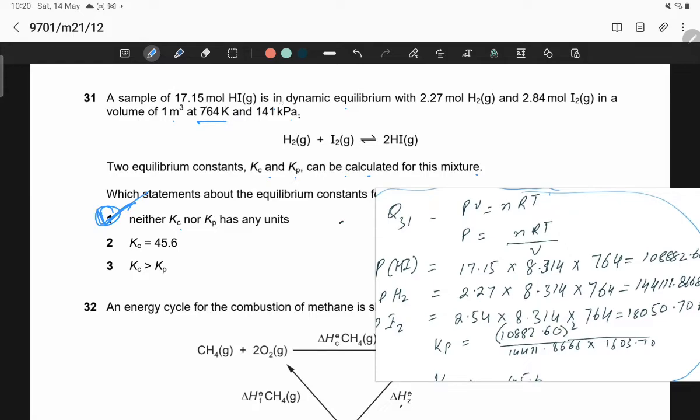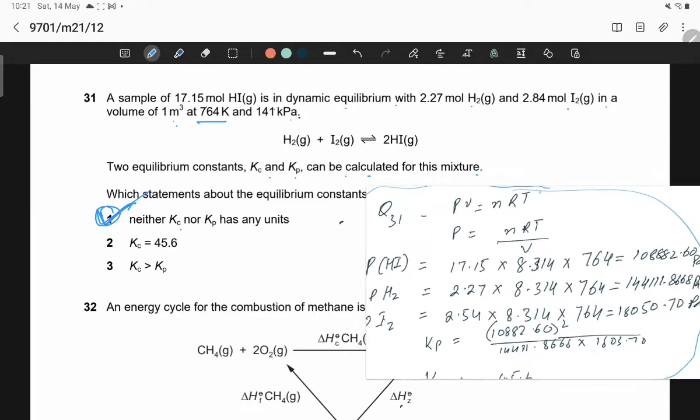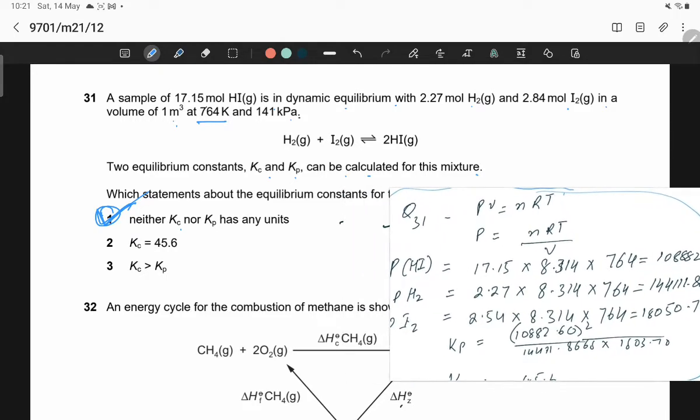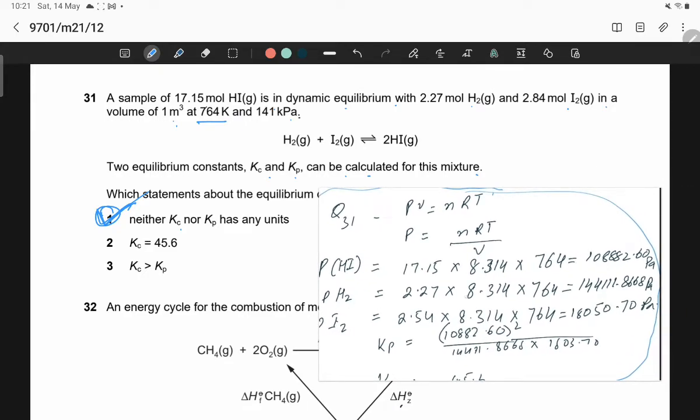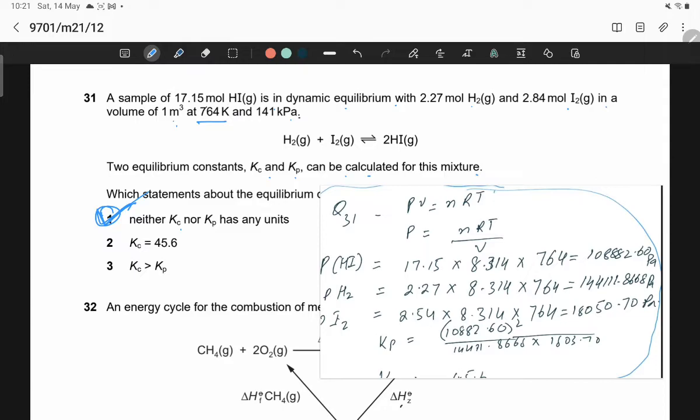For Kp, P is equal to nRT over V, so 17.15 mole into 8.314 into 764 gives this value, and pH2 is 2.27 into 8.314 into 764, this value, and the partial pressure of iodine is this value.